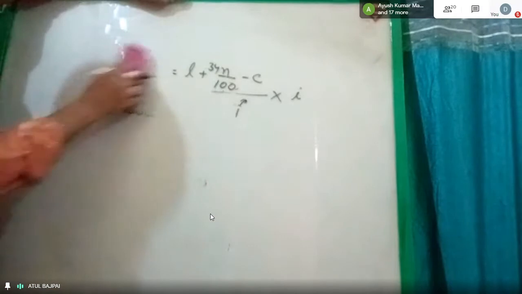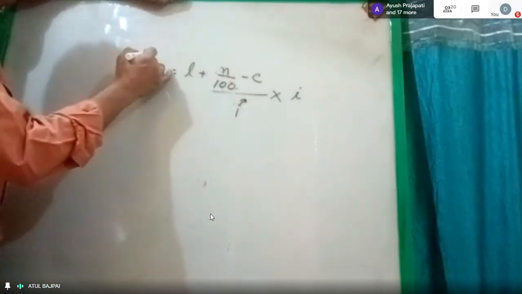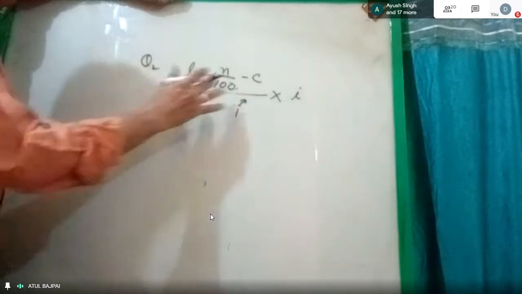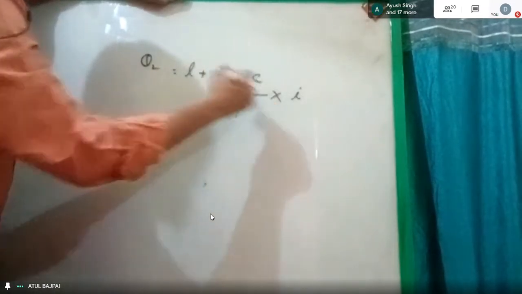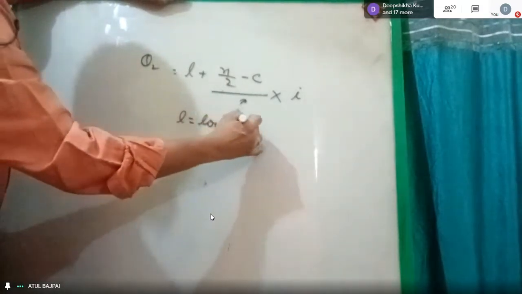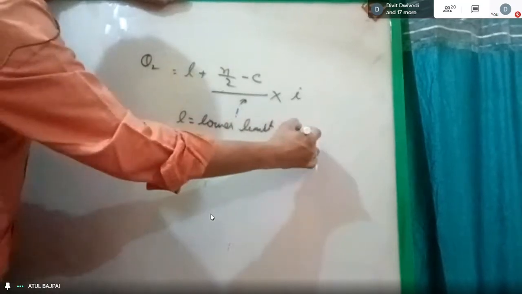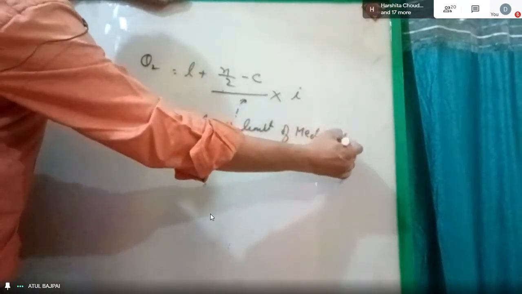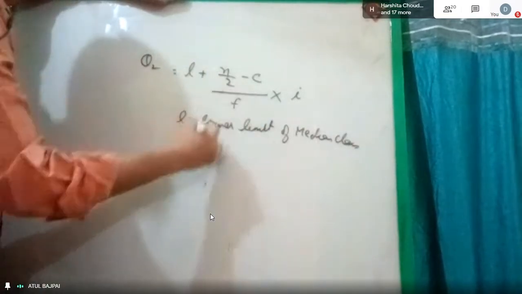Now what are L, C and F? Let us consider the median only. We represent median by Q2 also. So it becomes N by 2 minus C. Now L is the lower limit of the median class. F is the frequency of the median class.